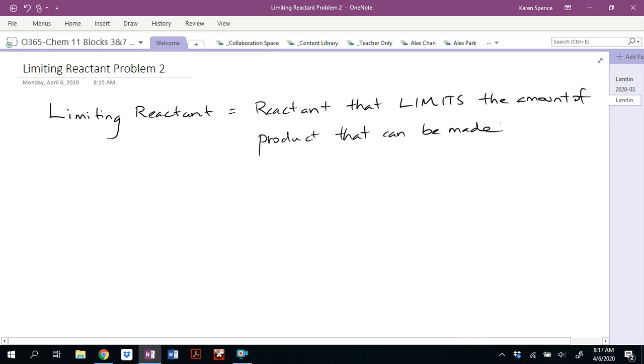That means it is the reactant that can make the smaller amount of product.